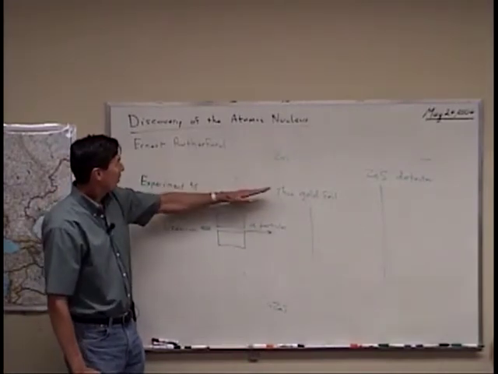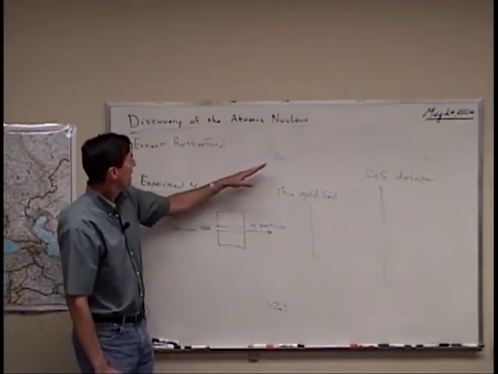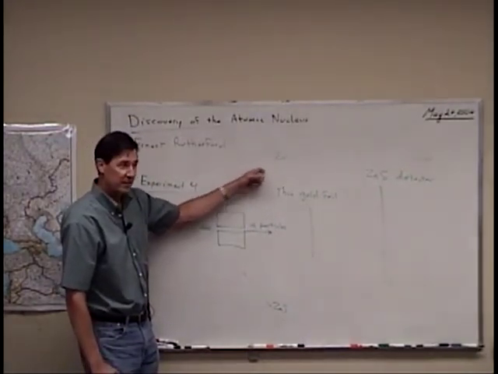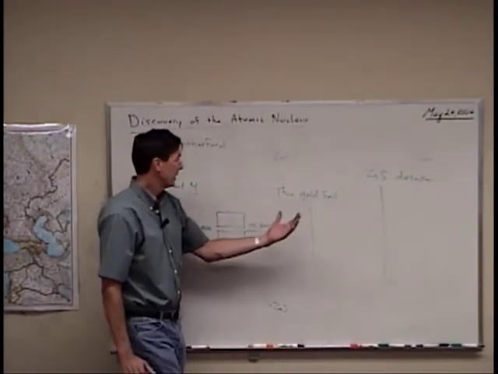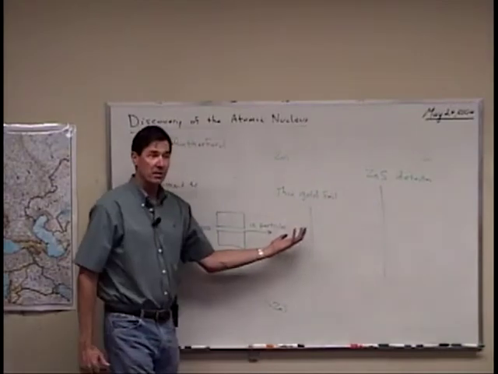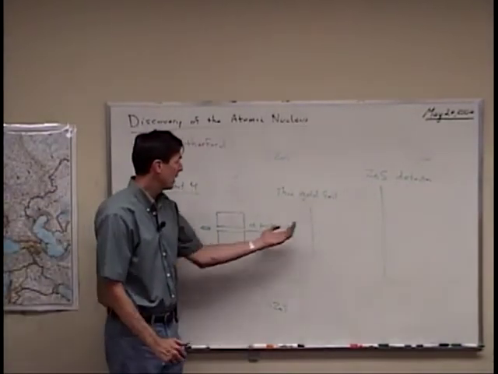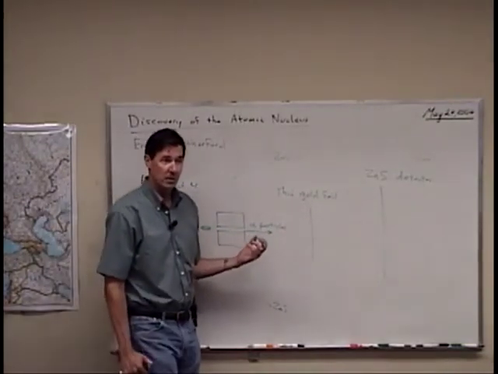And what Rutherford sees is that he does see little flashes of light in these other detectors that imply that some of the alpha particles, a small percentage of them, but still some, are being deflected backwards from this gold foil.